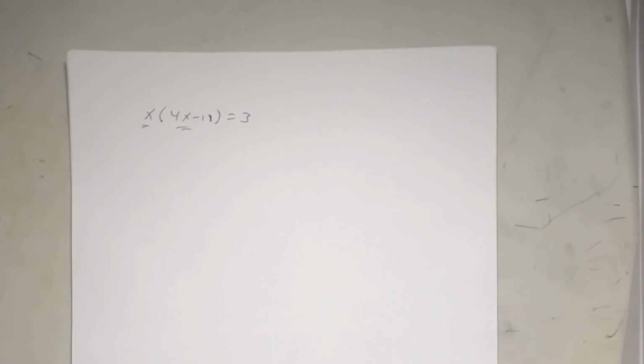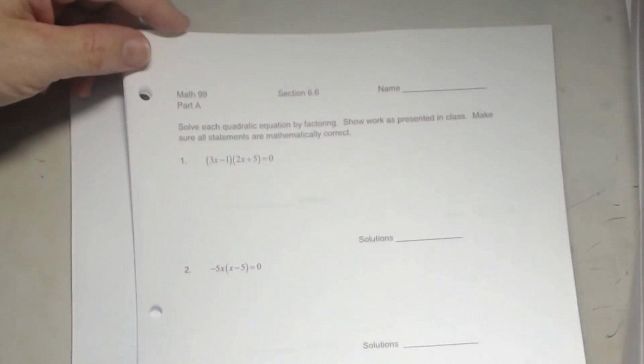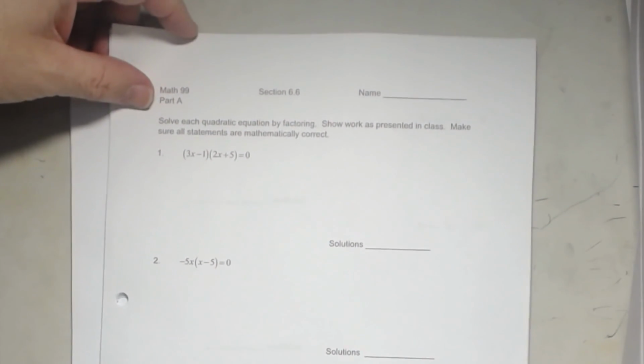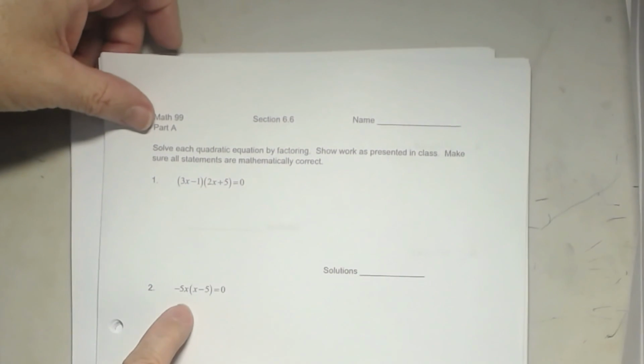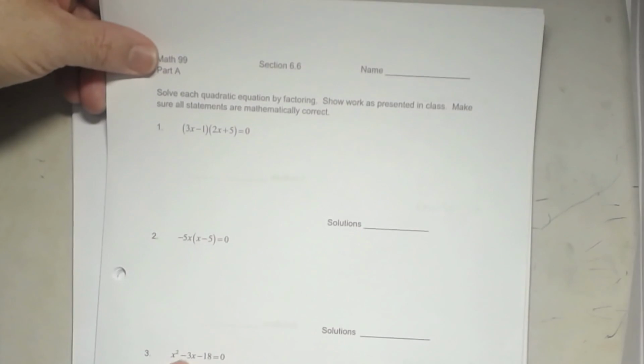But let's see what worksheets I can give you to start working on. So I want you to look at this one. This is 6.6 part A. You can do these. Actually, the first one's easy because it's already factored equal to 0, right? Second one's also already factored equal to 0. Here, this is not.